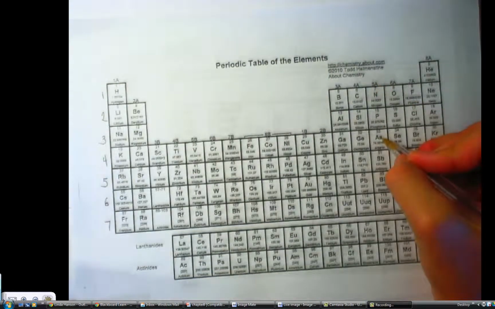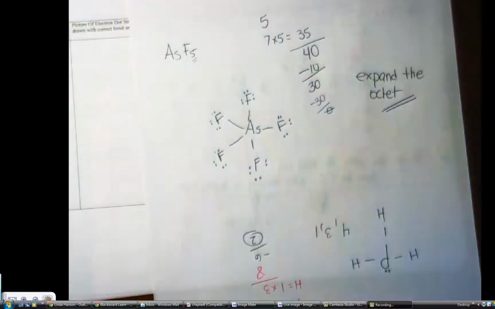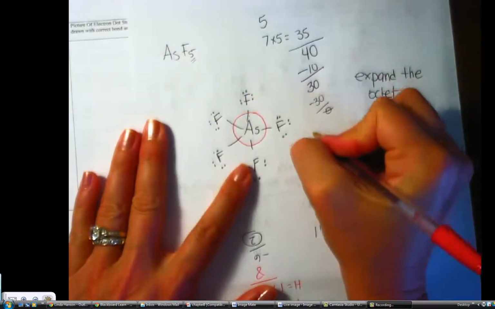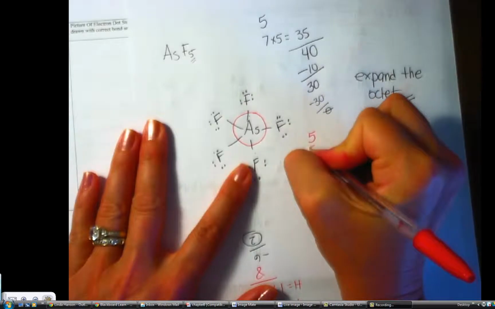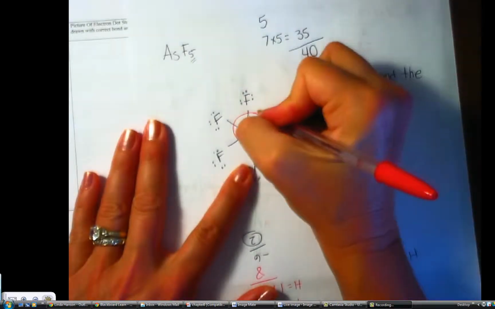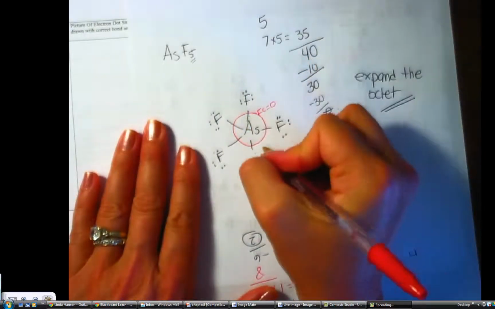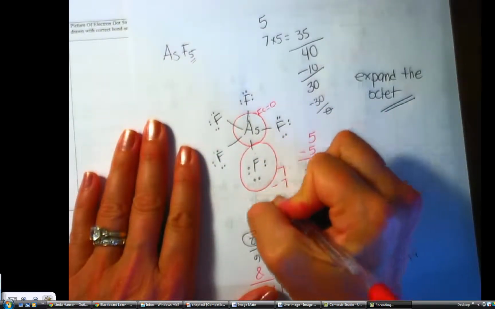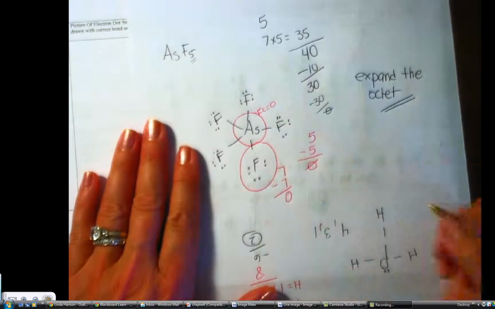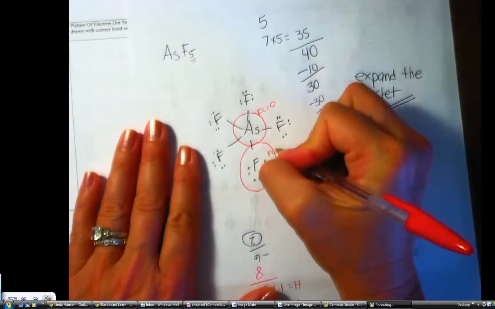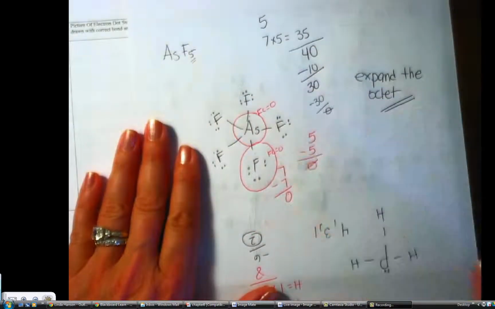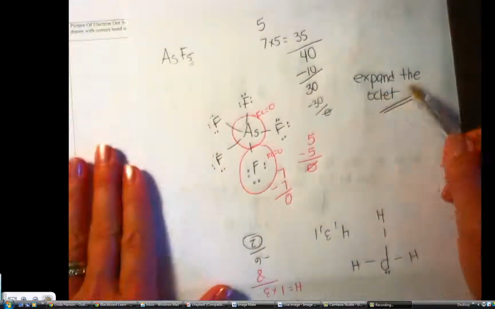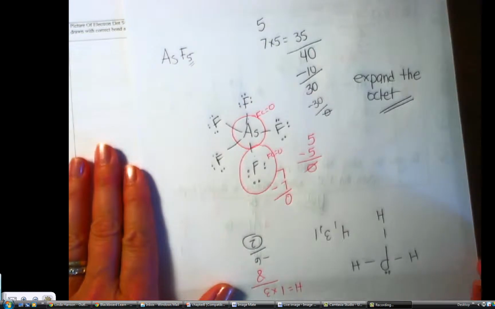Arsenic, who lives in group 5A, even if we expanded its octet, has 5 valence electrons assigned to it, so the formal charge is 0. And each of these fluorines, who live in group 7, are also assigned 7 electrons and have a formal charge of 0. This is the ideal structure, eliminating any formal charge by expanding the octet of arsenic pentafluoride.